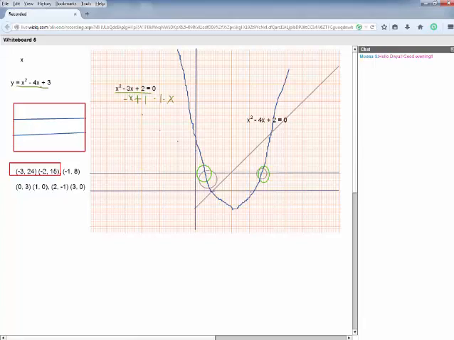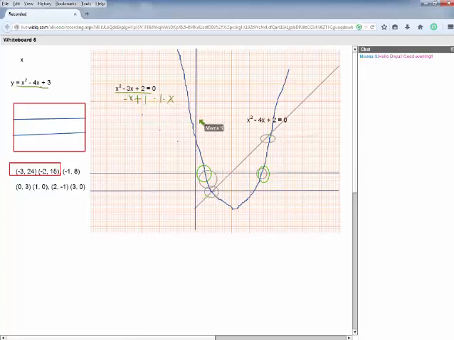Yeah, so it's here and here. Okay. So what is this point? That is 0. No, sorry, it is 1, 0. What is the other one? The other one is 4, 3. But why is it coming 4, 3?